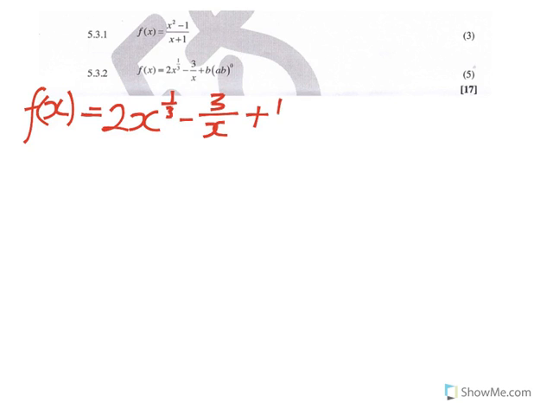The next one says differentiate f of x is equal to 2 to the power, if I can write it down, f of x is equal to 2 x to the power 1 over 3 minus 3 over x plus b, a b to the power of 0. Now this is the question.